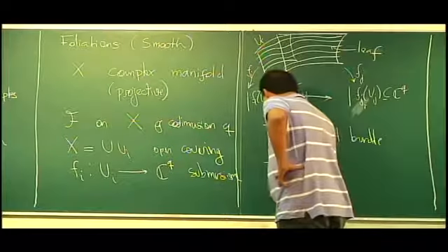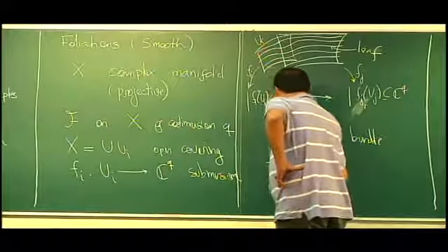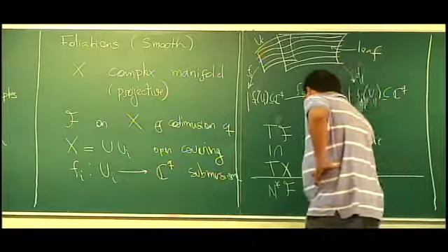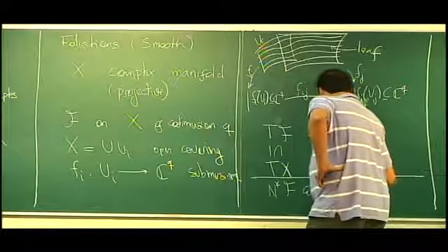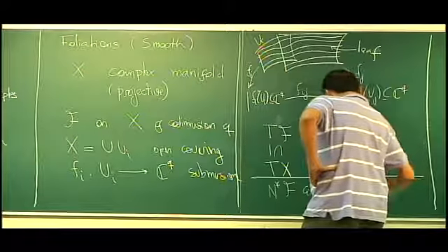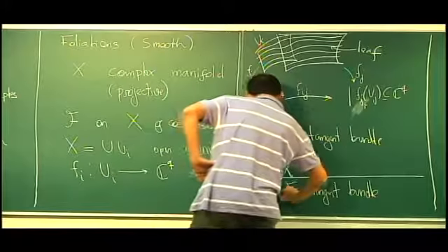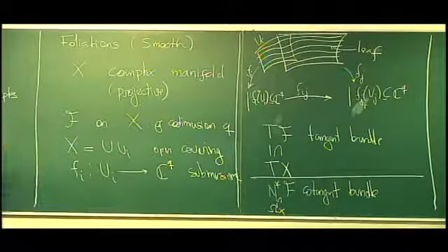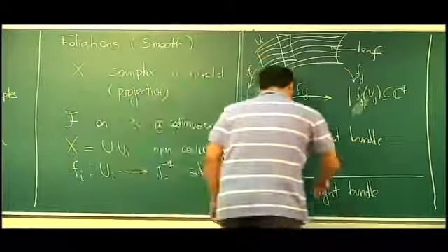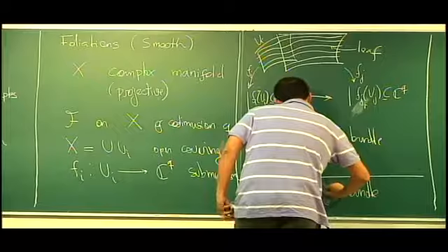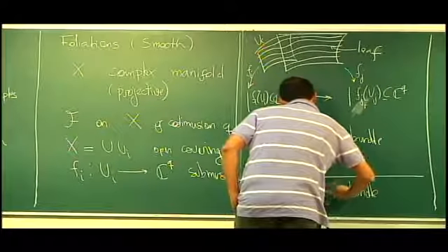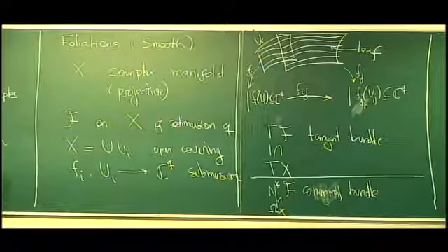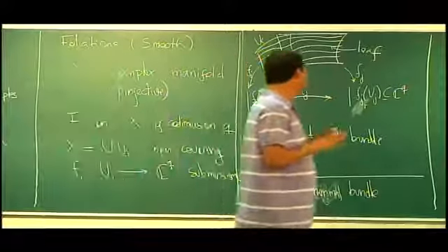Another distinguished object that we can attach to foliations is the conormal bundle, which is a subbundle of the cotangent bundle of the manifold, and its local sections are one-forms vanishing along the leaves of the foliation.